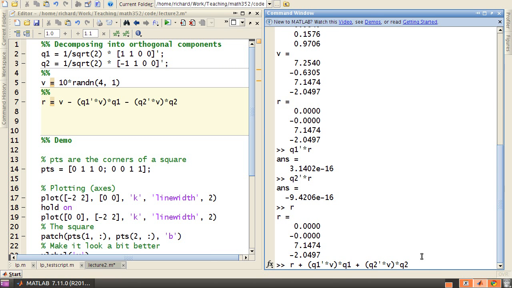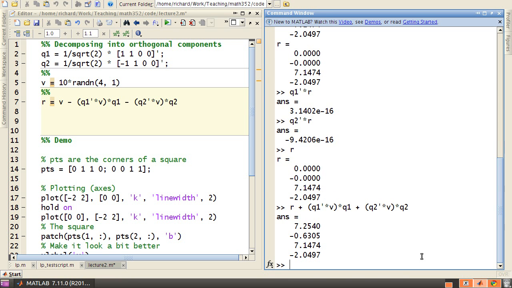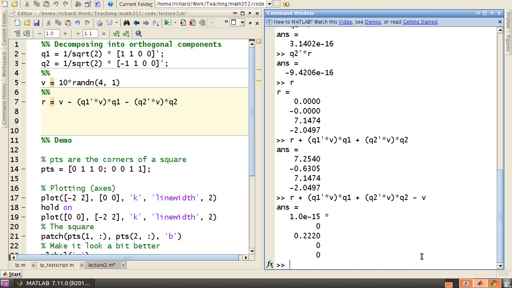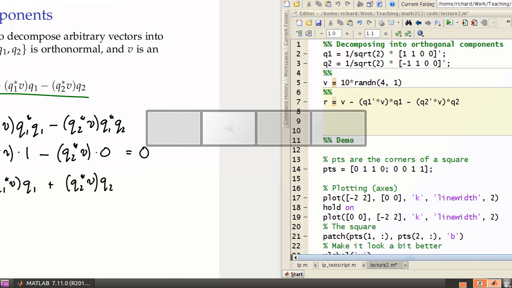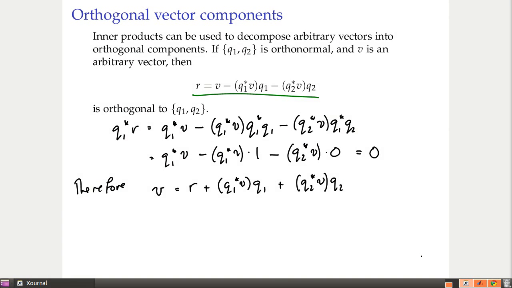We've just checked that those 3 things are all orthogonal, and that should be equal to the vector v we had before. If we take away v at the end, we get something very close to 0. That demonstrates what we did in the lecture before. So we can use these ideas to split vectors up. Given some orthonormal ones to start with, we can find components of vectors which are orthogonal to what's already there.